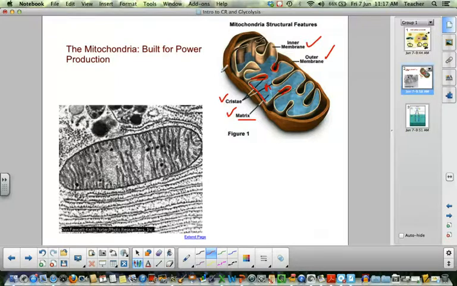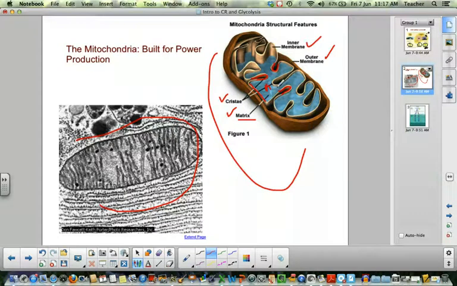Glycolysis takes place outside of the mitochondria in the cytoplasm, in this area out here. But then, of course, the products from glycolysis will move into the mitochondria, and that's where the majority of the stuff happens to make the ATP.